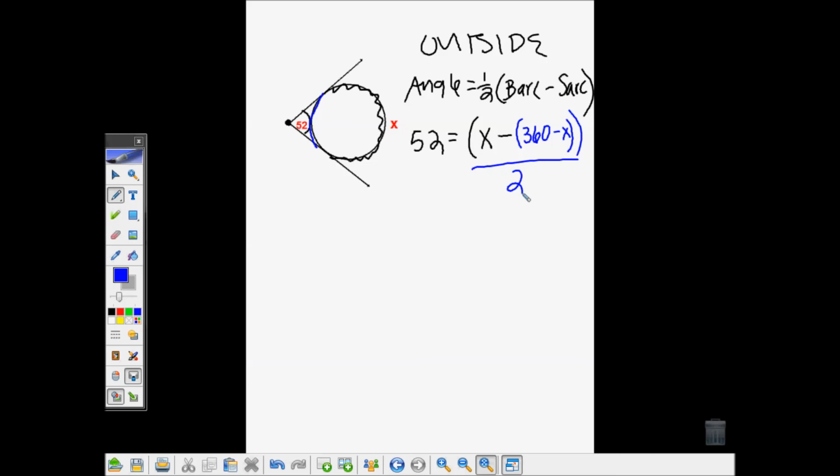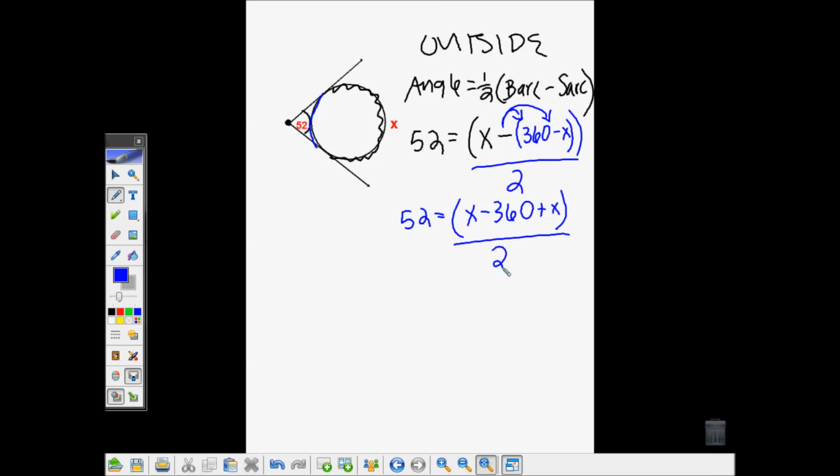Okay, so I need to solve this now. I'm going to rewrite it to start. So we have 52 equals, all right, I have x. I need to distribute this negative sign to both. So it's going to be minus 360 and plus x, divided by 2.